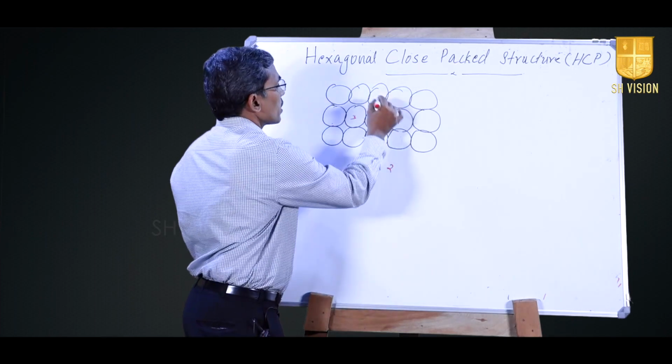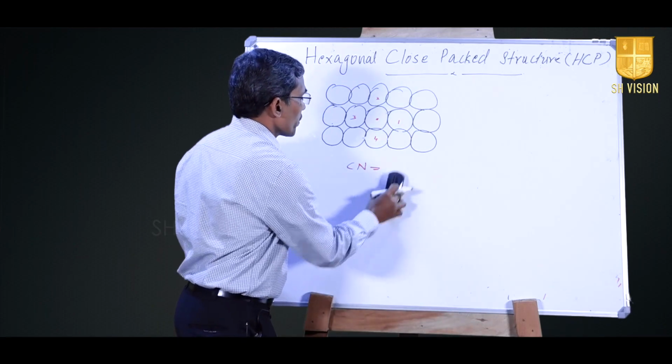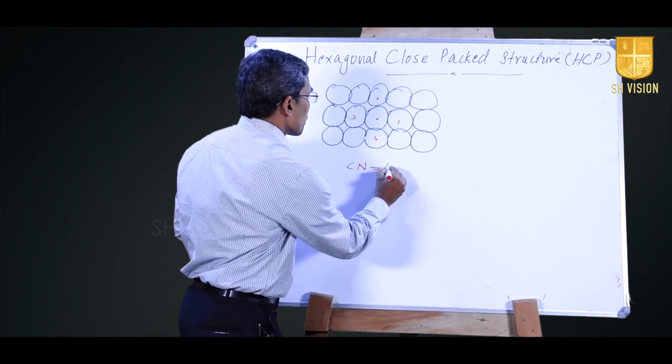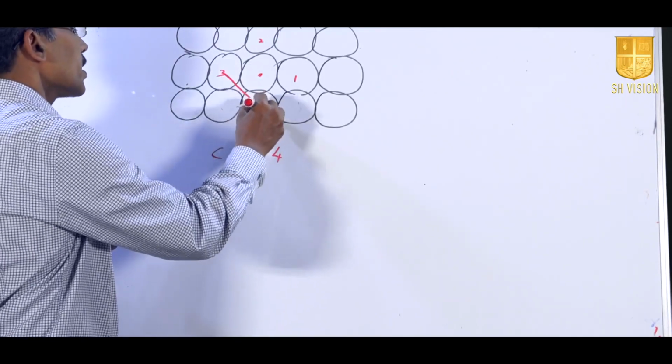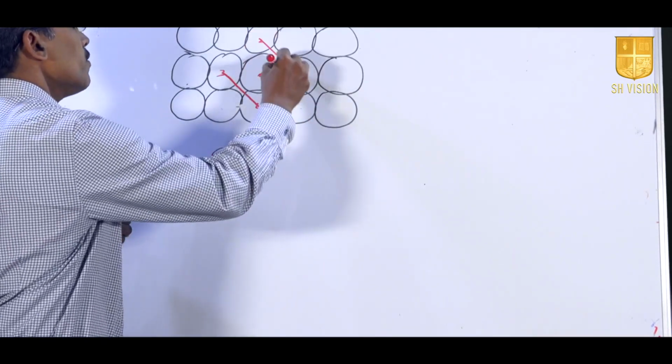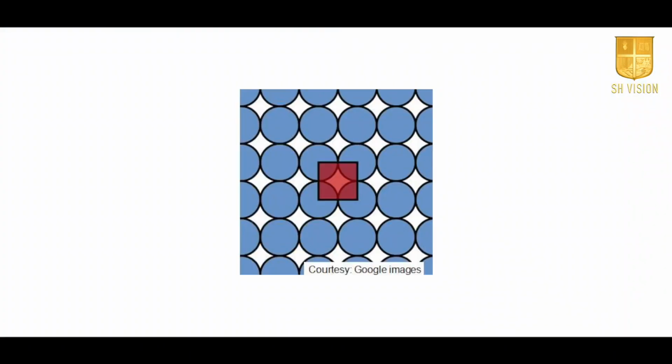Therefore, its coordination number will be 4, and if you connect these 4 atom center points, this will form a square. So, this is called a square packing, but this is a loose packing and the coordination number is 4.